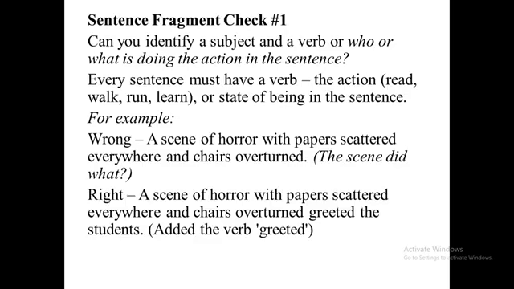For example, in the first example, we have written it wrong: A scene of horror with papers scattered everywhere and chairs overturned. Now, the scene did what? The right one is: A scene of horror with papers scattered everywhere and chairs overturned greeted the students. Now we have added the verb greeted.